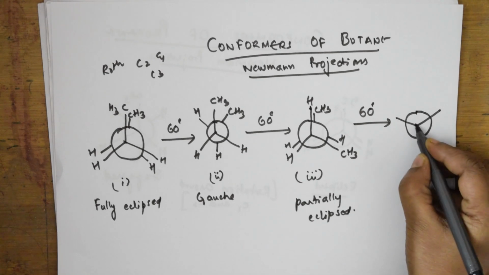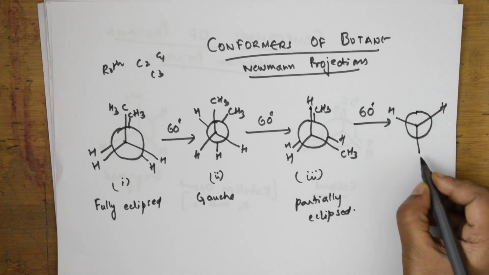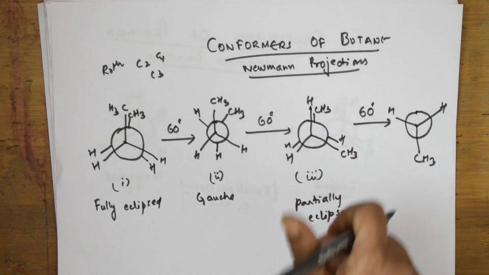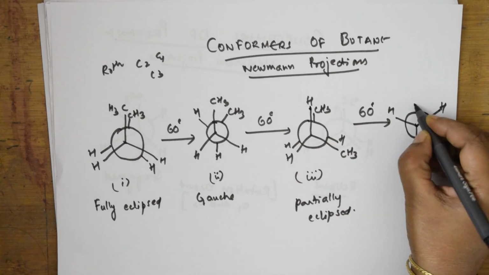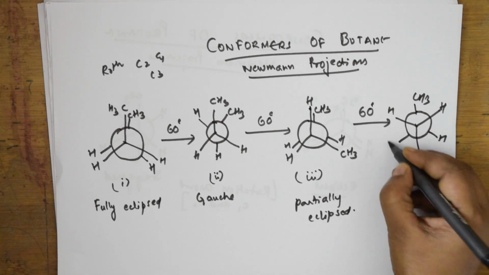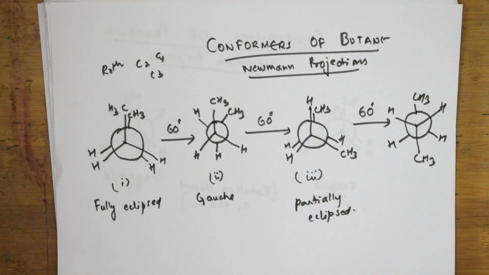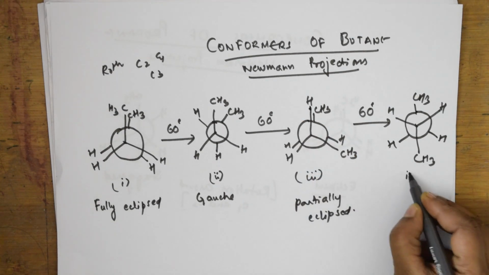Now this looks hydrogen, hydrogen, CH3. Further, I am rotating. CH3 is here, hydrogen is here, hydrogen. Hope you are understanding, students. I am not able to show it here, just imagine it. So this is the fourth one.